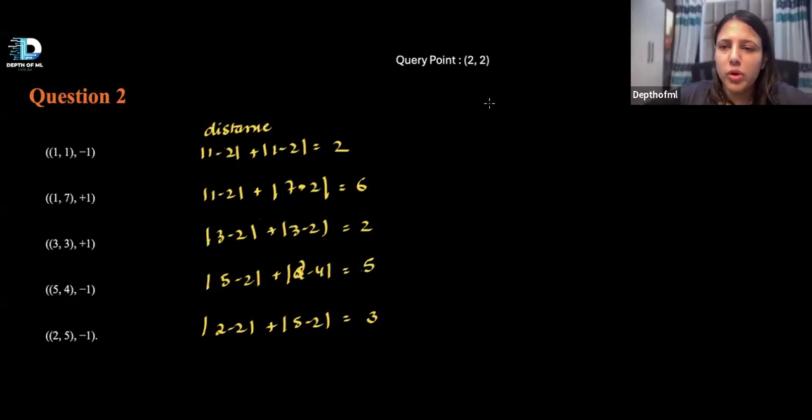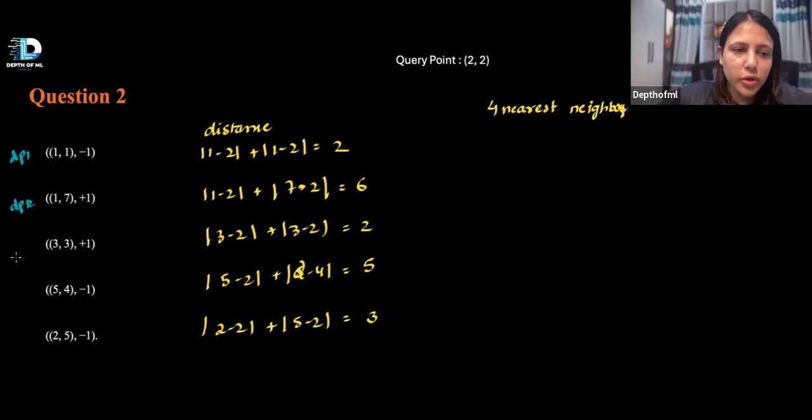So what are the 4 nearest neighbors that you have? Okay, so let me call them DP1, DP2, just for your reference. When you're doing it in the exam, you don't have to do this elaborate calculation.